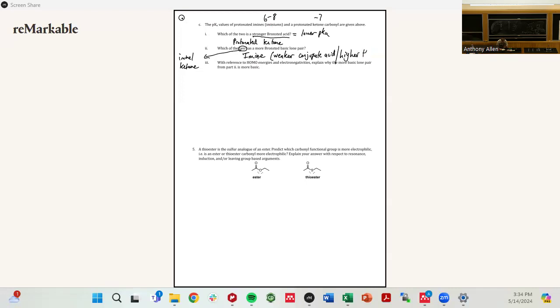Not HOMO, right? So when something acts as a base, it's donating electrons, so a higher HOMO is essentially like having a stepping stool in a basketball game. You're closer to the net. So things with higher HOMOs are more basic or more nucleophilic.